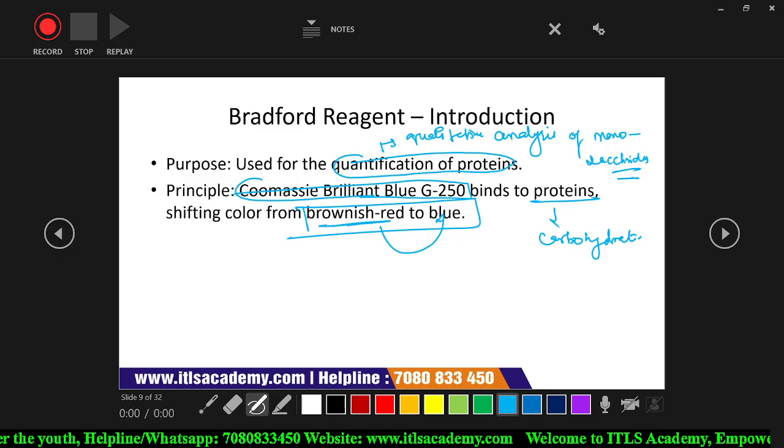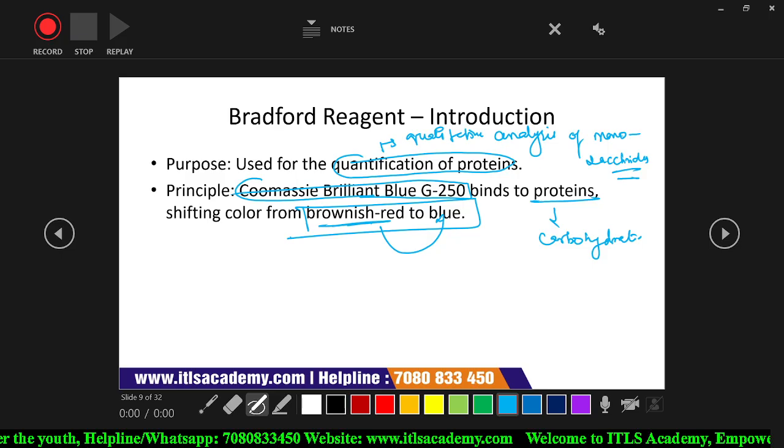Benedict's reagent. Benedict's reagent is used for the detection of reducing sugar. When we use this reagent, there is a cupric ion present in it. That cupric ion reacts with the reducing sugar and is reduced to cuprous oxide, due to which a color change occurs.